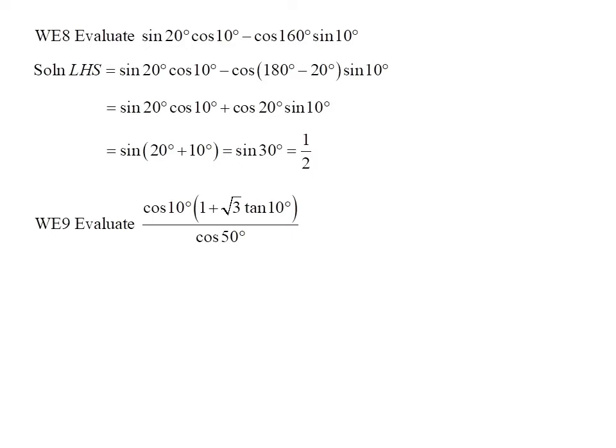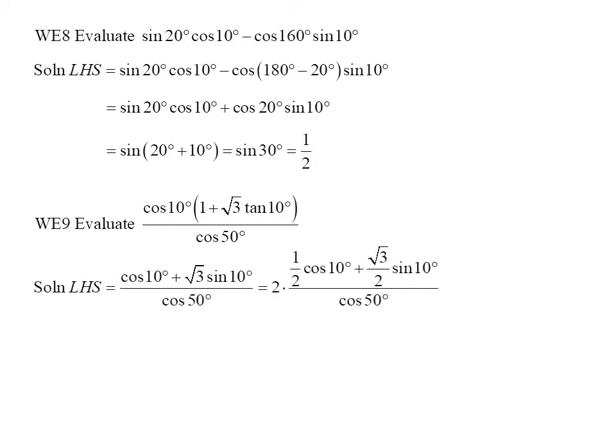Example 9 is to evaluate a trigonometry expression with cosine and tangent functions. After careful observation, we may transform the term on the numerator and then apply the addition formula to simplify the expression. After expanding the numerator and then multiplying and dividing by 2, we may see the numerator is in the form that can be simplified using the addition formula.